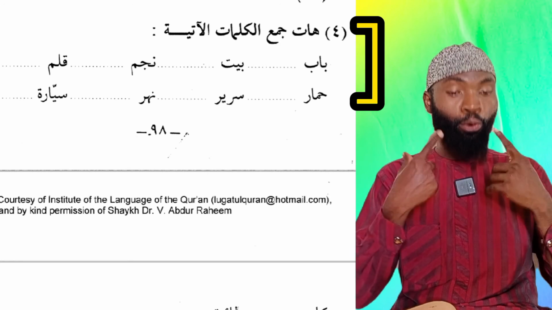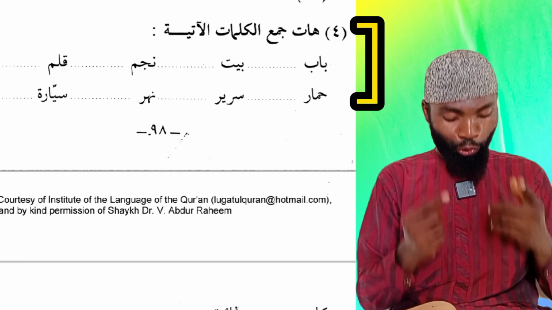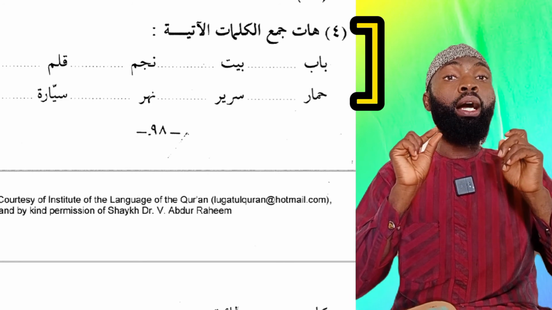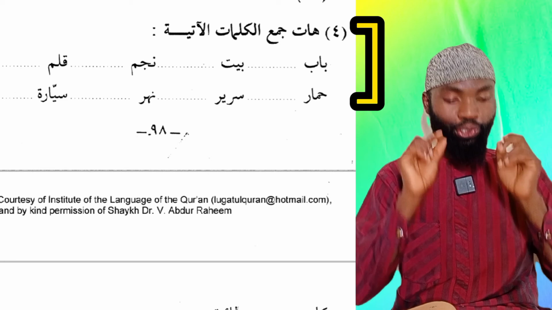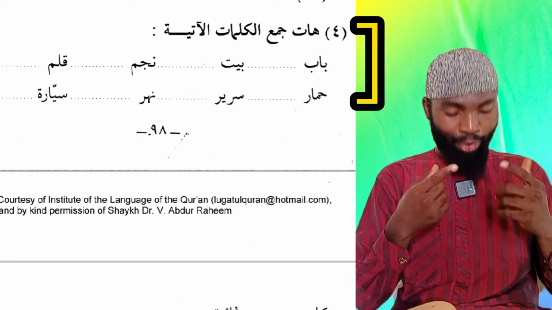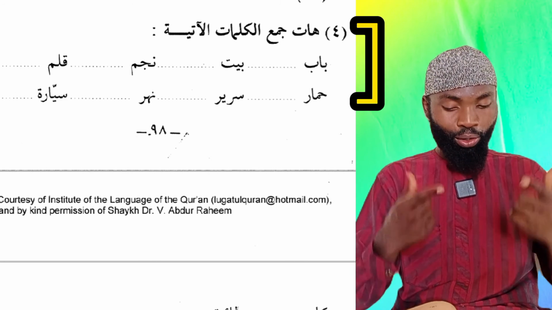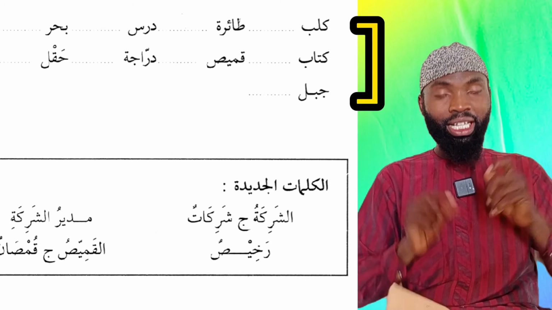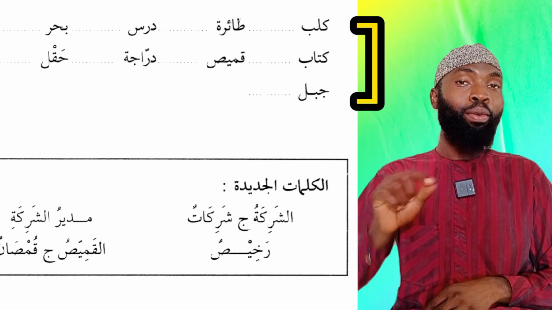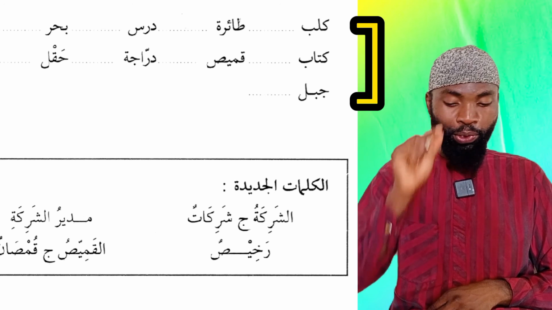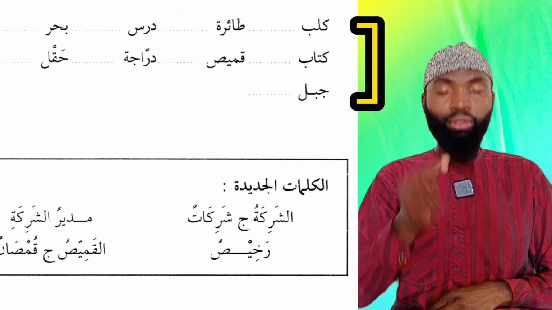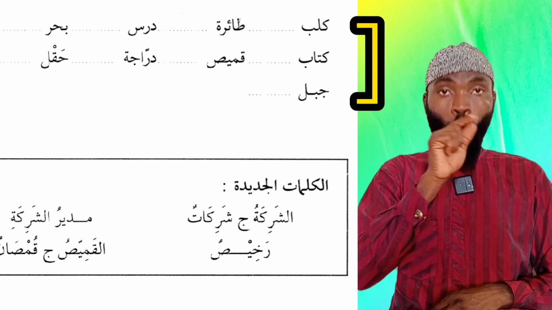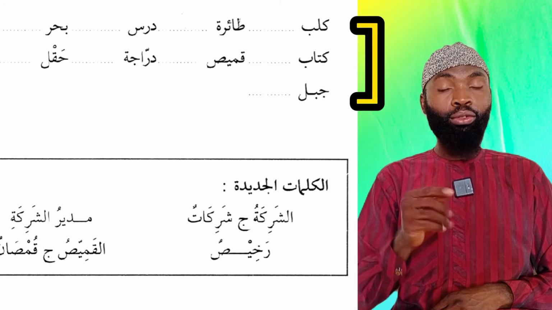Second is baytun, buyutun; najmun, nujumun; qalamun, aqlamun; himarun, humur; sarirun, sururun; nahrun, anharun; sayyaratun; kalbun, kilabun; ta'iratun; darsun, durusun; bahrun, biharun; kitabun, kutubun; qamisun, qumsanu; darrajatun; haqlun, hukul. Then lastly, jabalun, jibal.